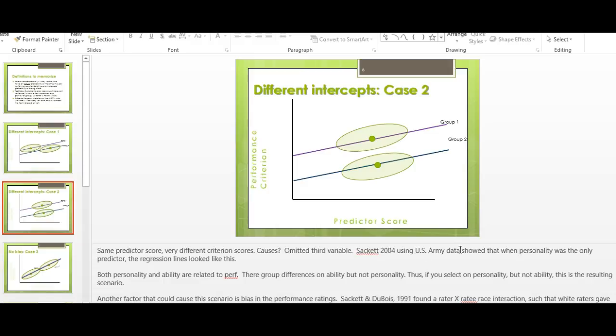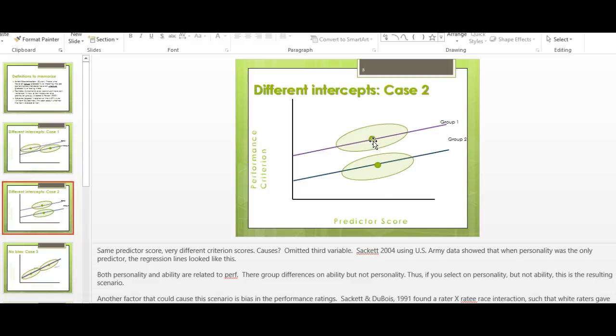In our field, we're always using Army studies, right? And he showed this effect happening when personality was the only predictor used to select. I forgot what the job exactly was, but it was a job where obviously cognitive ability was an important predictor.